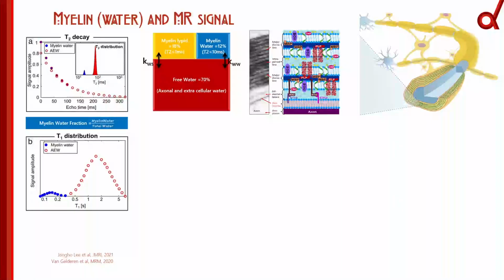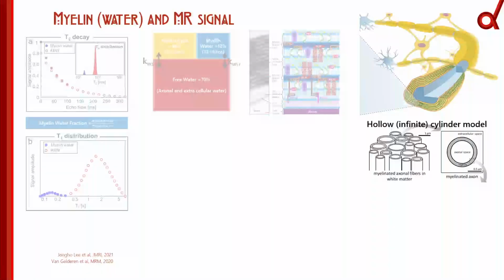But these are really very complicated processes to model. So I don't like them, and I like to focus on this hollow infinite cylinder model, which is another way that we try to simplify how the world is.